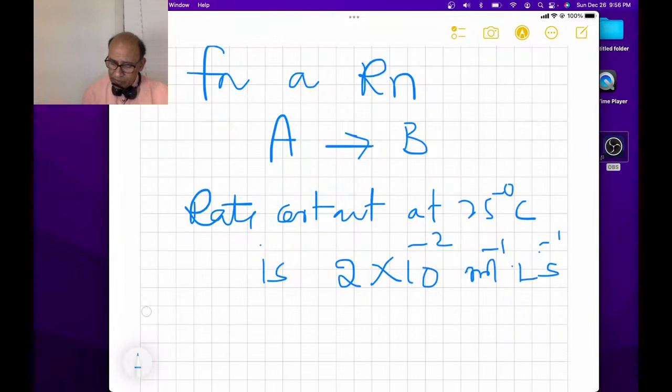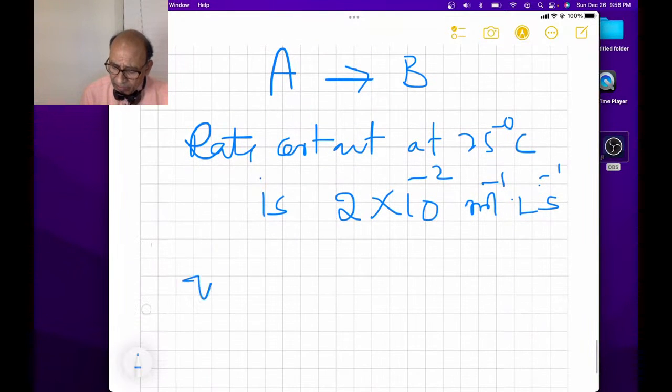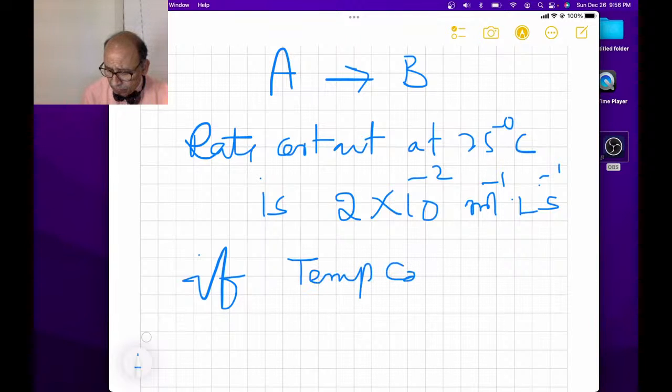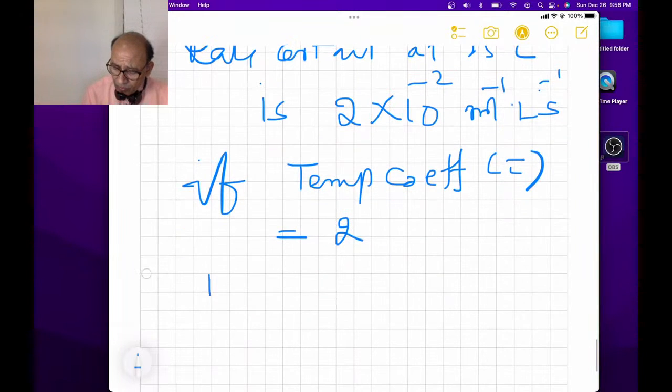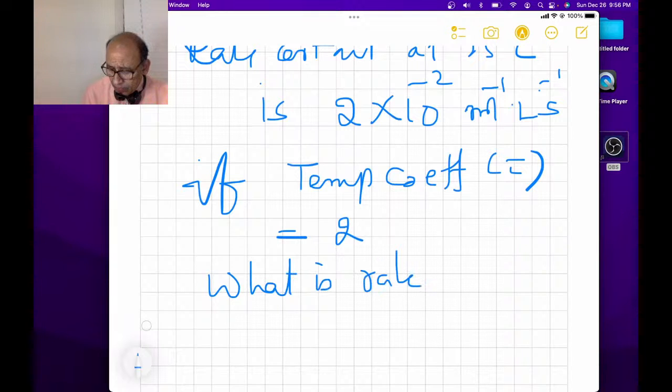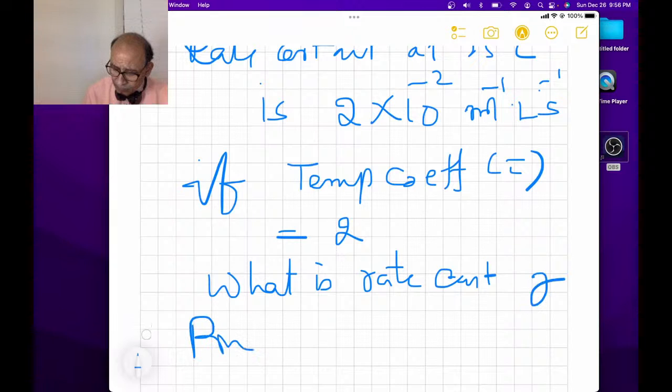Now, my problem is, if temperature coefficient tau is equal to 2, what is the rate constant of the reaction at 55 degrees centigrade?